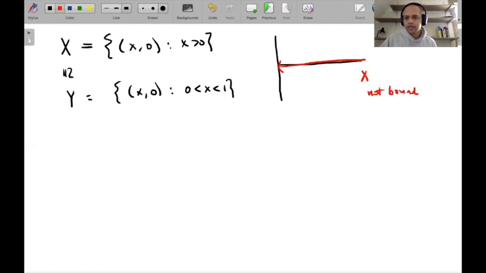It goes all the way to infinity on the positive x-axis, and Y is just a finite portion of this. This is bounded.